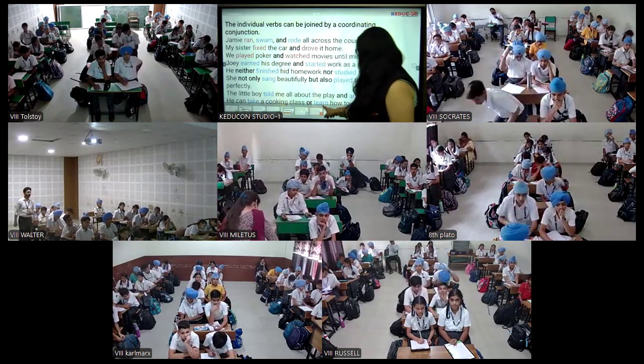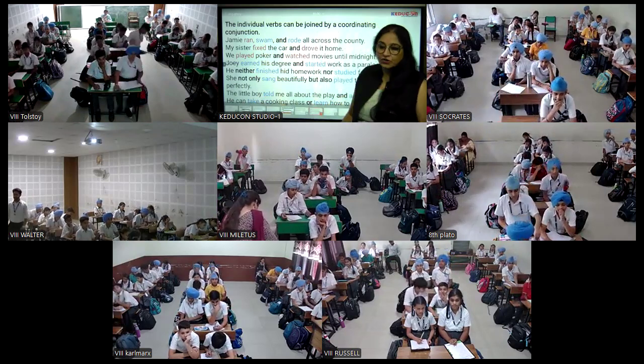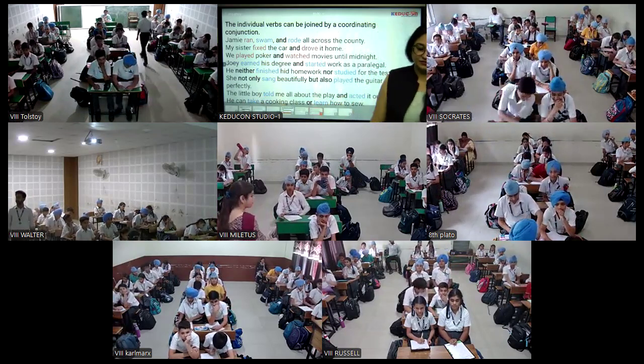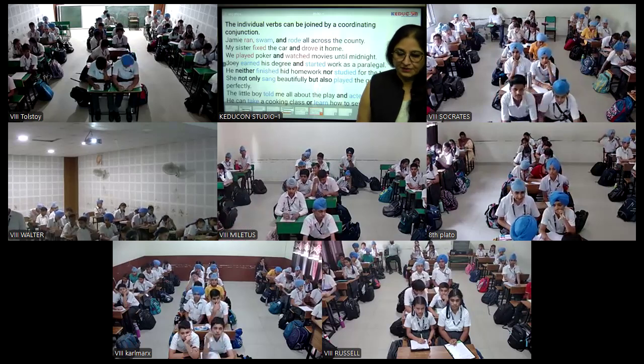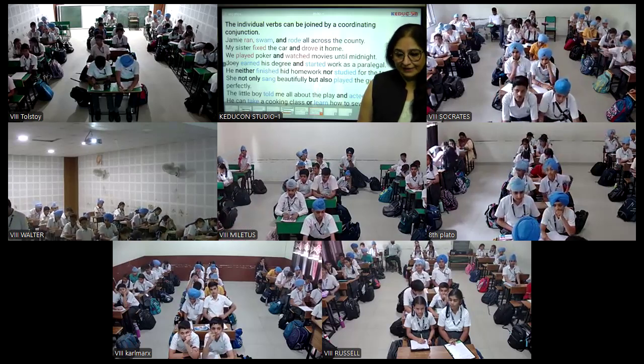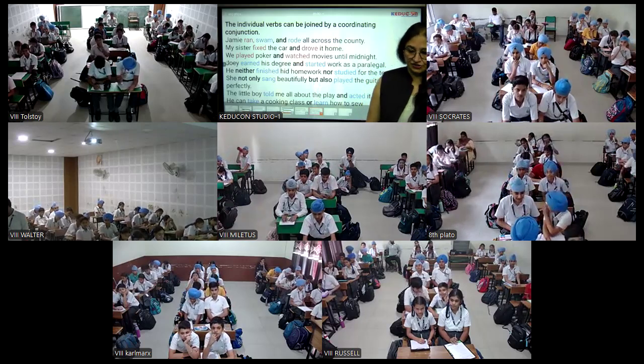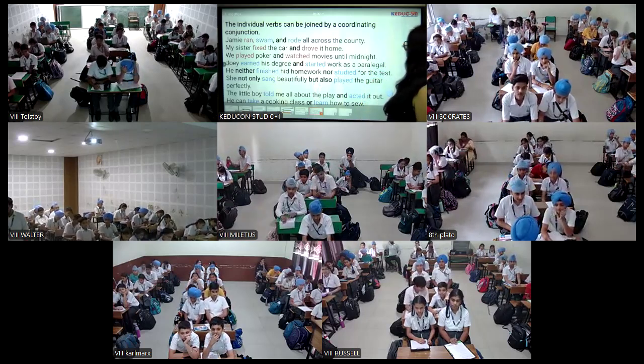Take is a verb, learn is a verb, and or is used. So for a compound predicate, you will see at least two verbs. There can be more than two verbs in a compound predicate, and it will be joined with a conjunction. Okay, this is what you have to keep in mind.